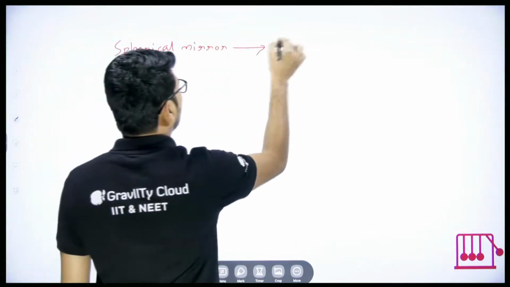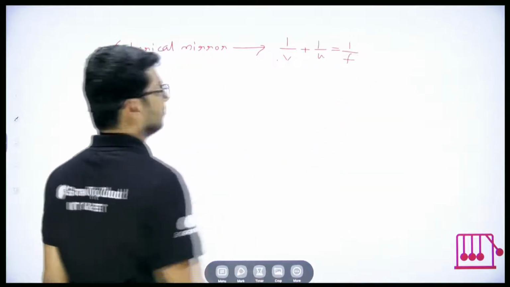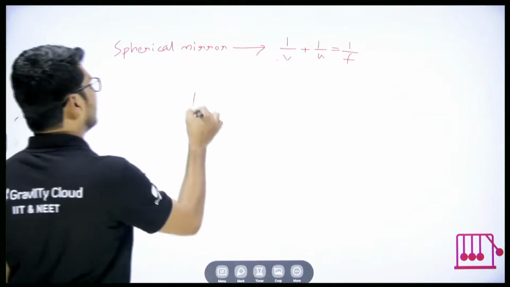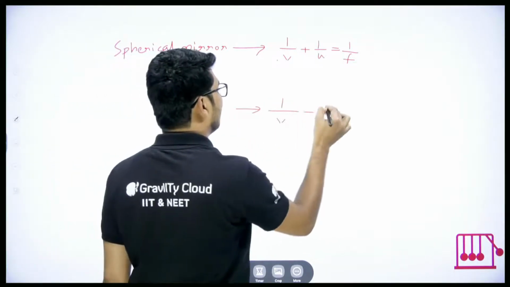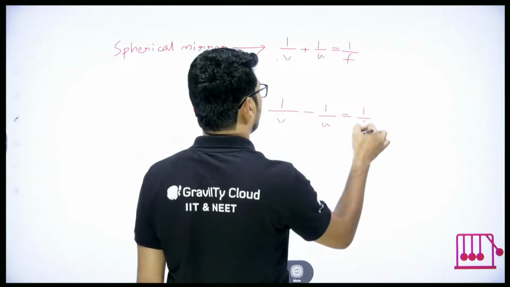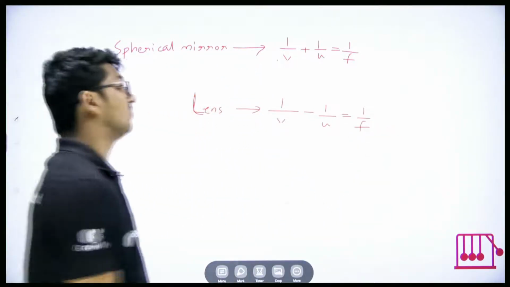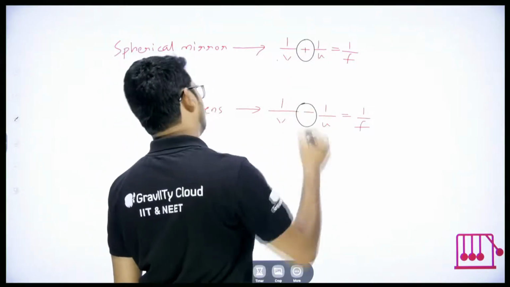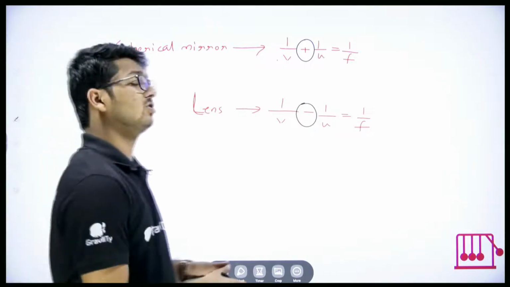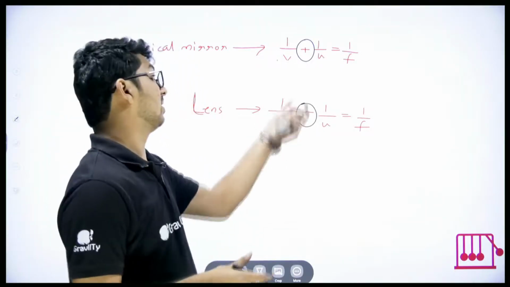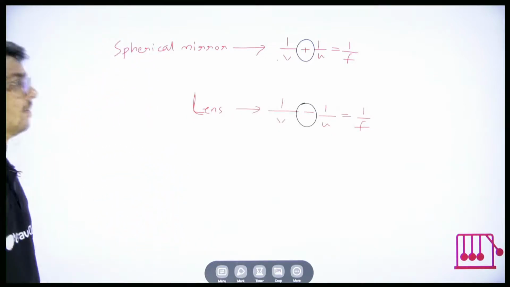What was the formula? 1 by V plus 1 by U is equal to 1 by F. But when we talk about a lens, obviously a spherical lens, we take the formula as 1 by V minus 1 by U is equal to 1 by F. So the formulae are almost similar except for the sign. In the spherical mirror it is positive, but in the case of a lens it is negative. You have to take addition and subtraction. Right, that is the difference. Good? Okay.